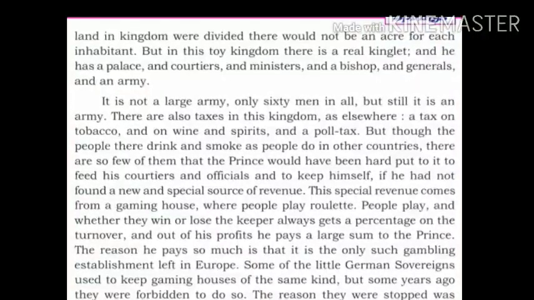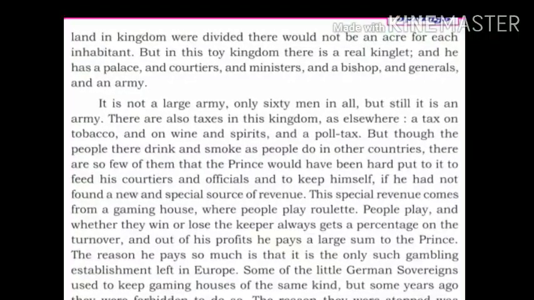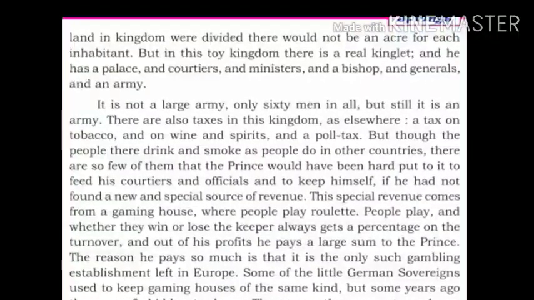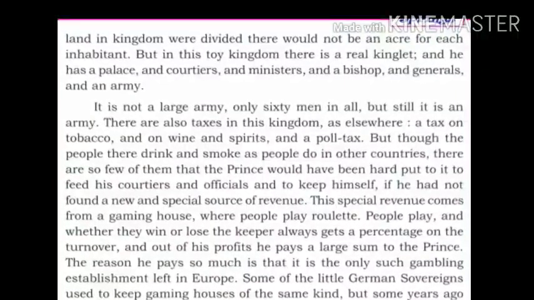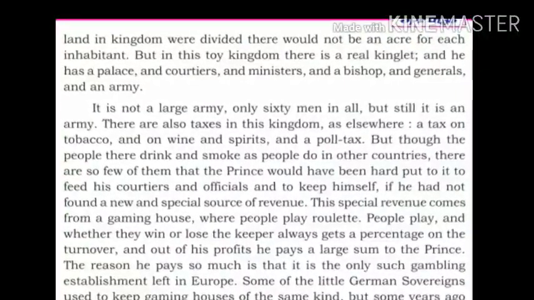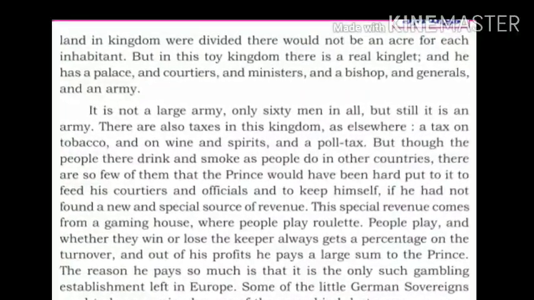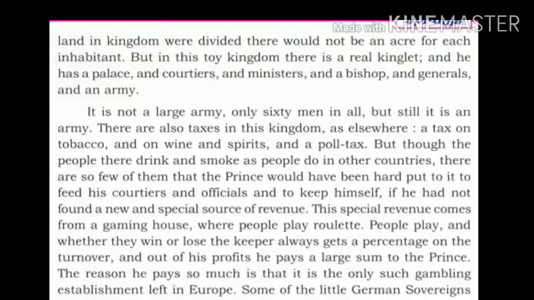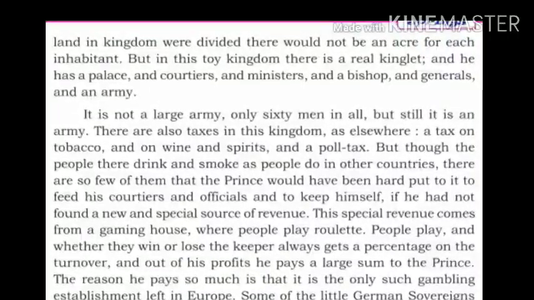So dear students, today you can understand there is a small kingdom, that is Monaco. It is located near the borders of France and Italy, and it's a very small kingdom. The total strength of the kingdom is only 7,000, and it is called a toy kingdom. And in this small kingdom there is a real kinglet.